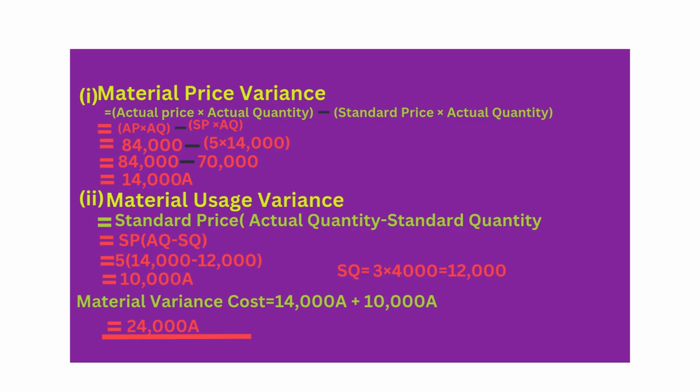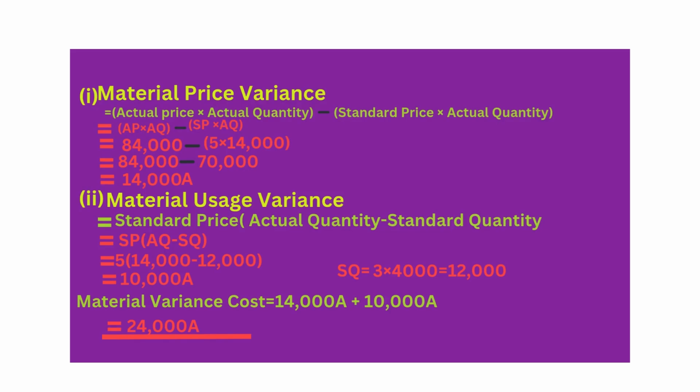Let's go to our second one, which is material usage variance. Material usage variance is given by standard price into actual quantity minus standard quantity.